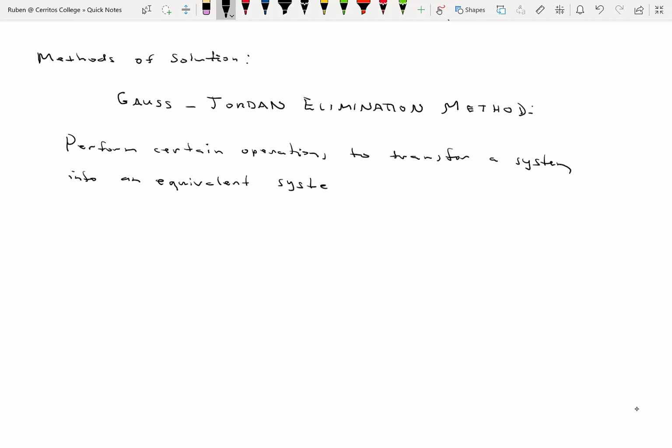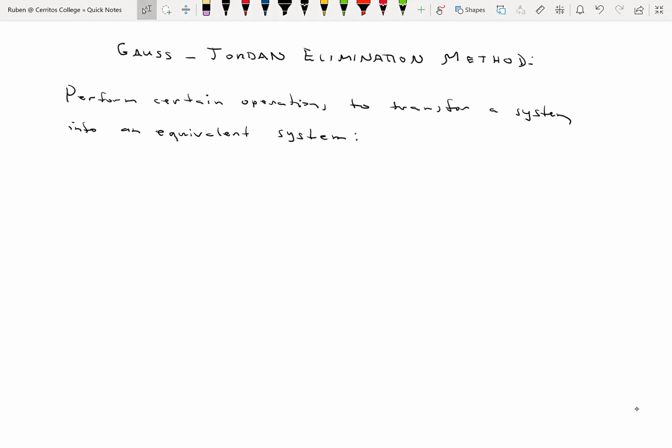And just using three variables, say x, y, and z, the idea would be to transform the system of, let's say, three equations and three unknowns into x equals some number, y equals some number, and z equals some number. Okay, that's a very simple system. If you have x equals 5, y equals 3, and z equals -1, it's easy to read the solution right off that system.